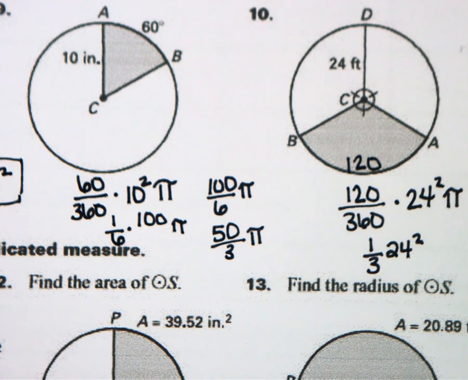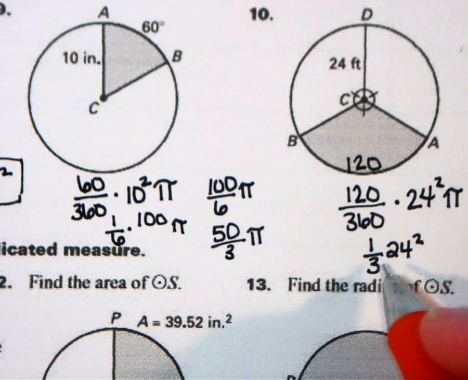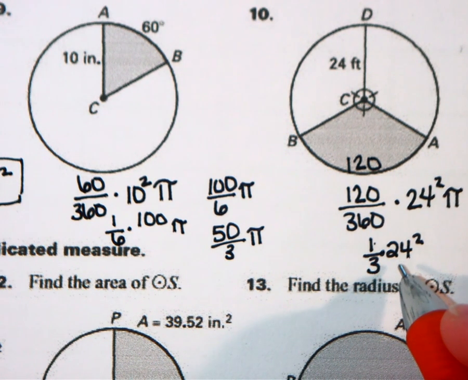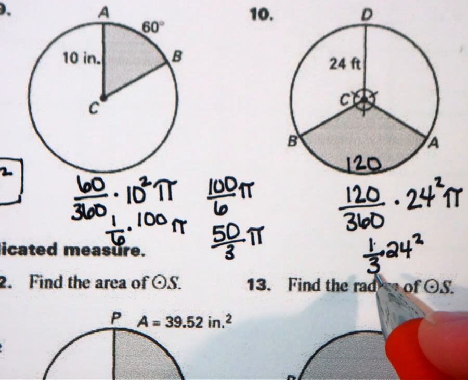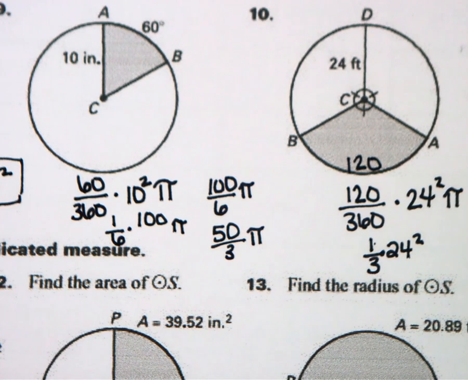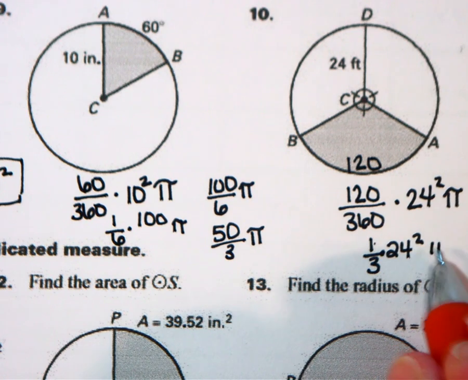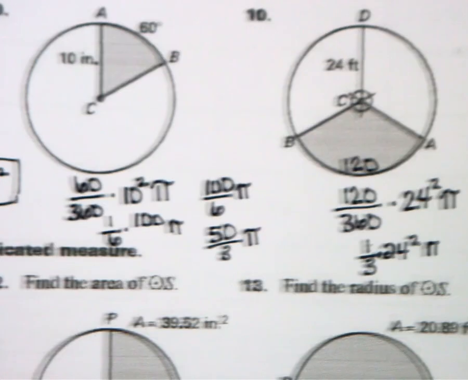So 24 squared. Here's where you have to be careful, because it is super tempting right here to multiply 1/3 times 24. So 24 divided by 3 is 8. 8 squared is 64. We can't do that. The squared part has to come first in the order of operations. So I have to square 24 first before I divide it by 3. So 24 squared is 576. And then I can take 1/3 of that, or I can divide that by 3.